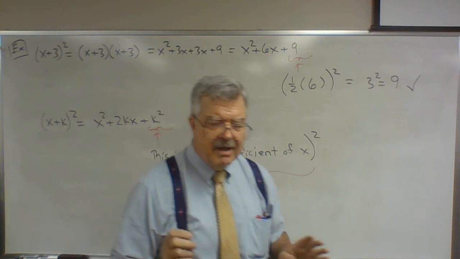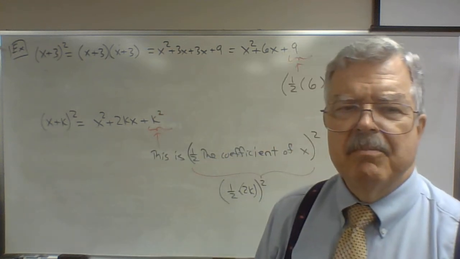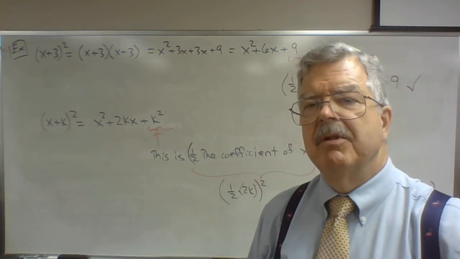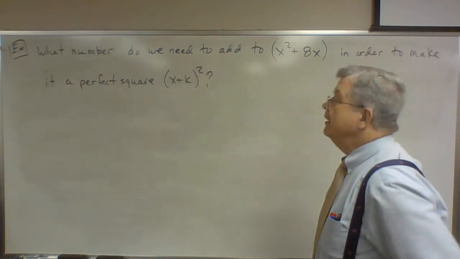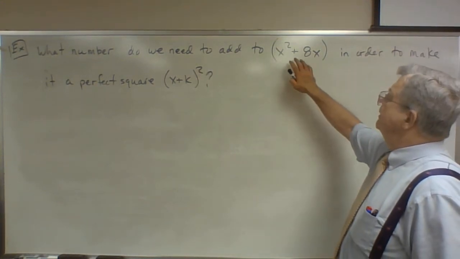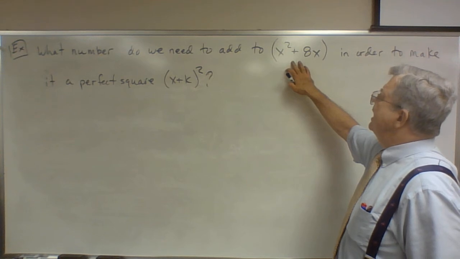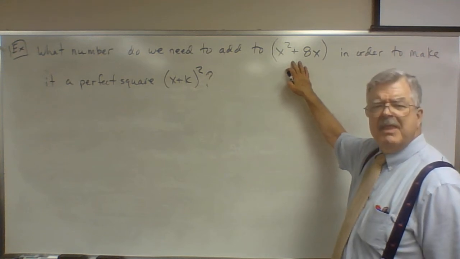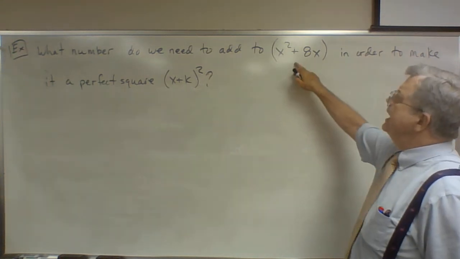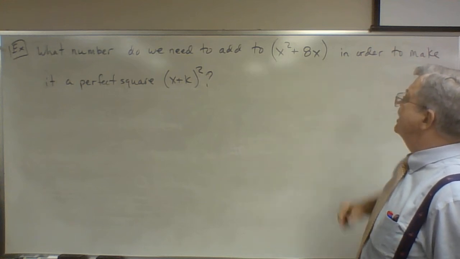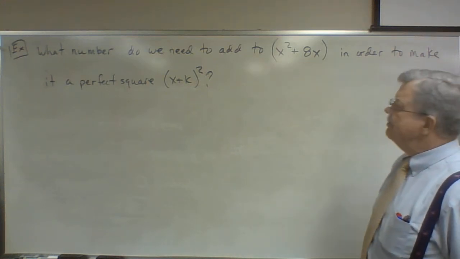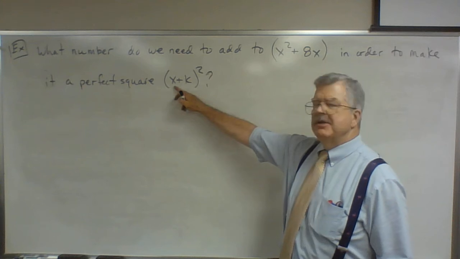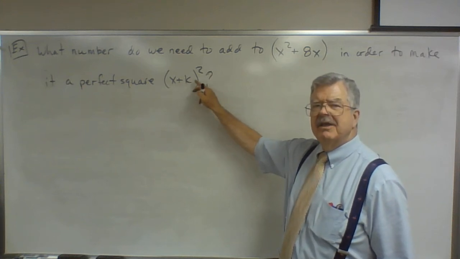Now let's try a little bit more complicated example. Okay, let's take this expression, x squared plus 8x. What number would we have to add to this expression in order to make it a perfect square, something in the form of x plus k squared?